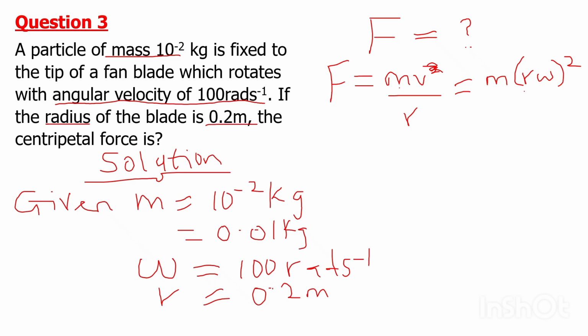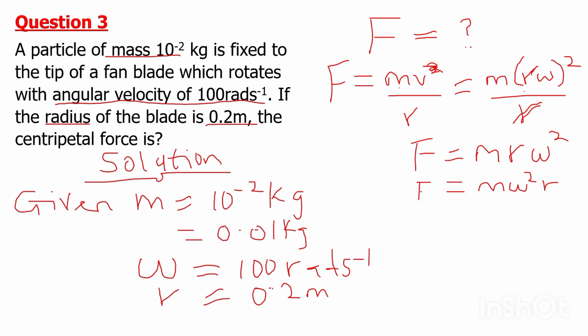They are equal. Now divide by r. This will give us another formula for centripetal force. R will cancel one r, so that you will have F equal to m r omega square, or m omega square r. Please note this other formula for force.